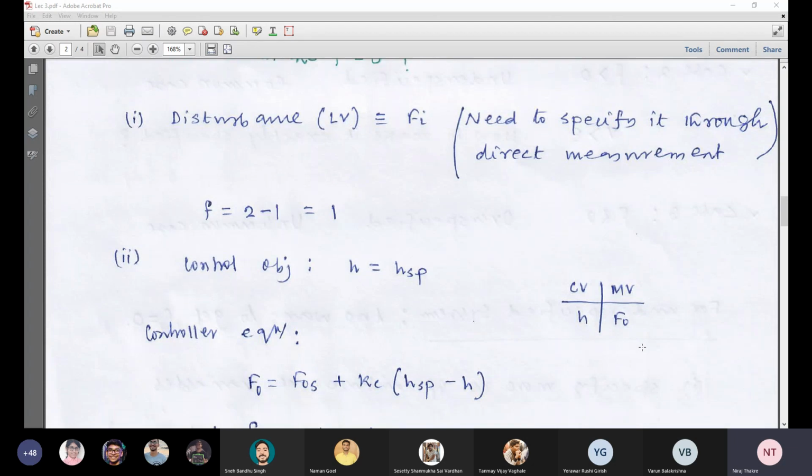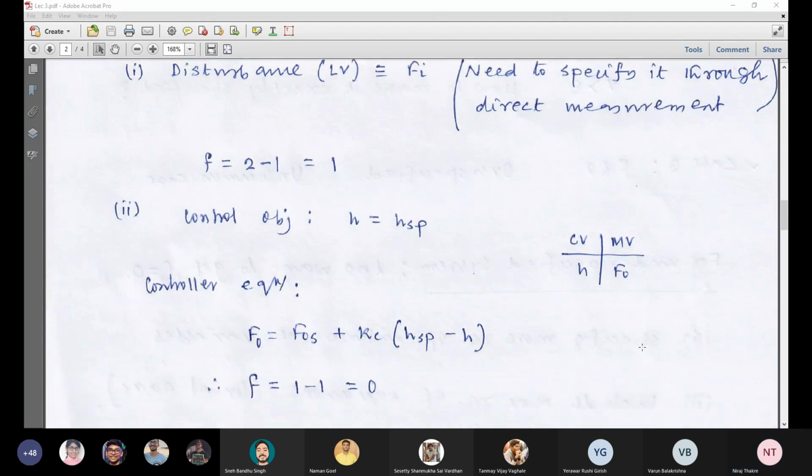Now this is the controller equation. For the timing, just note down this controller equation. We'll discuss this equation extensively when we discuss the controller design.